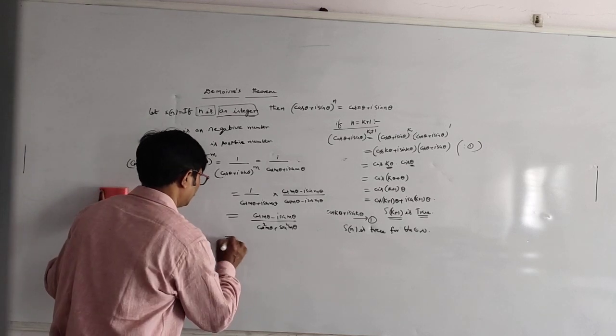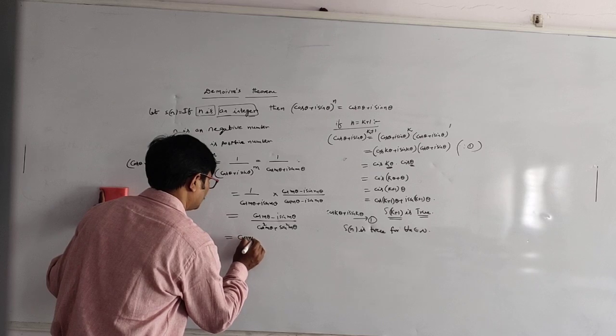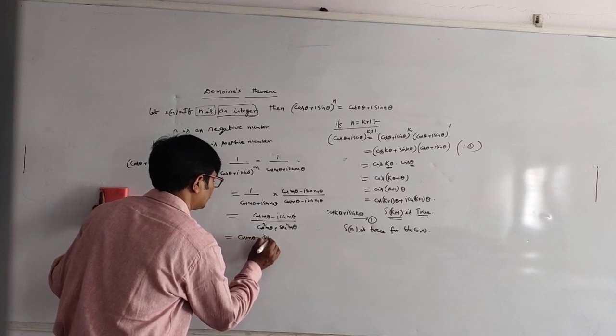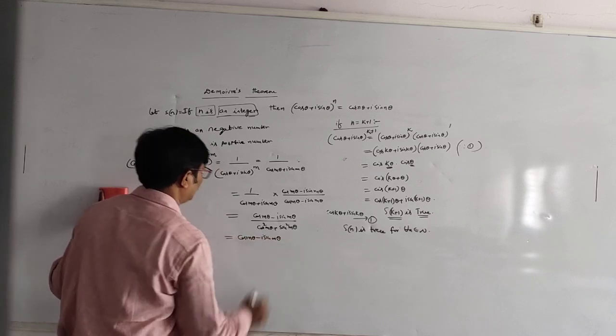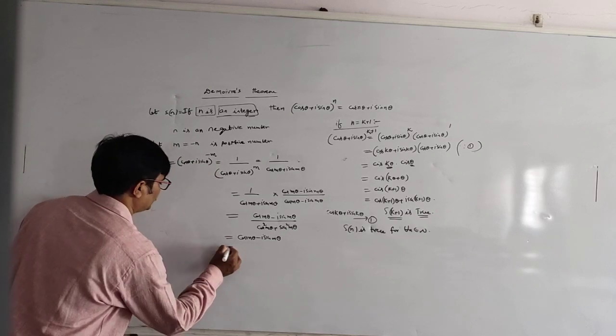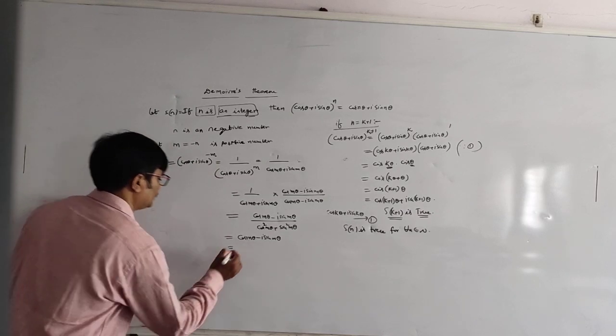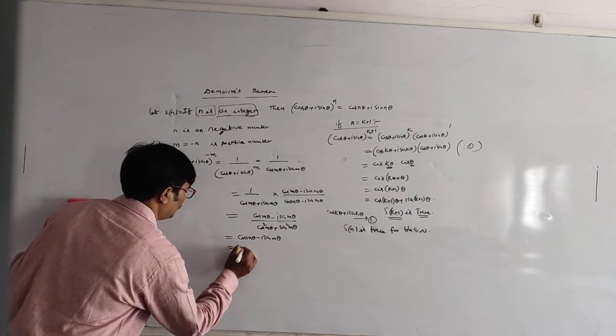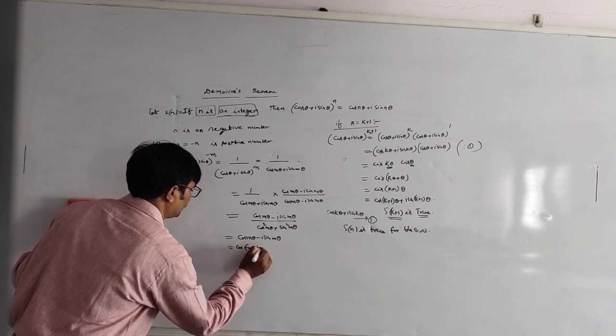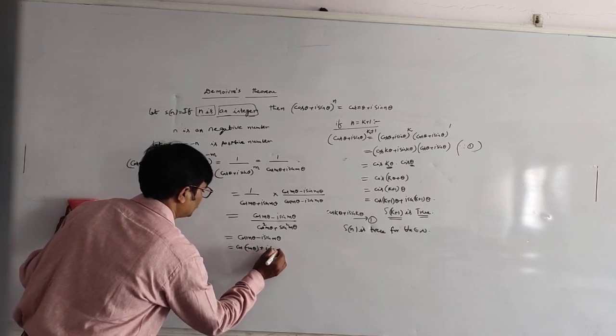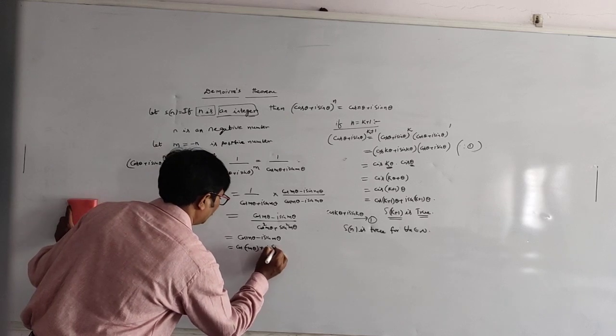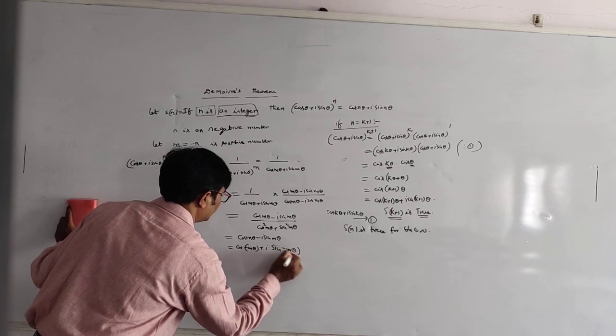So students, this is cos of m theta minus i sin m theta. How can you write this? This is cos of minus m theta plus i sin of minus m theta.